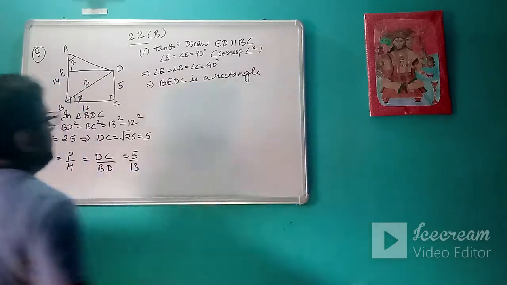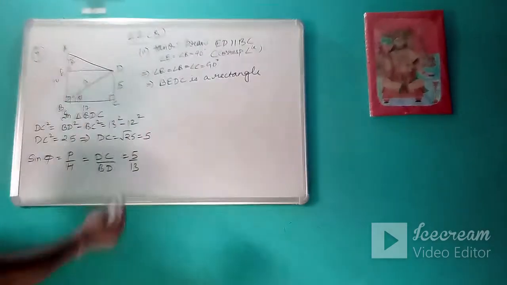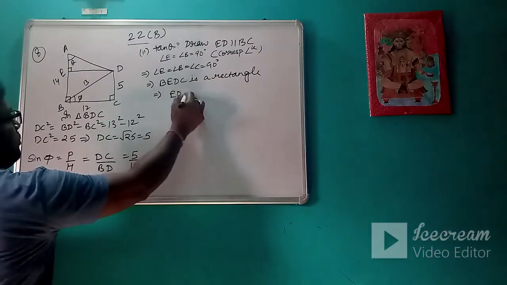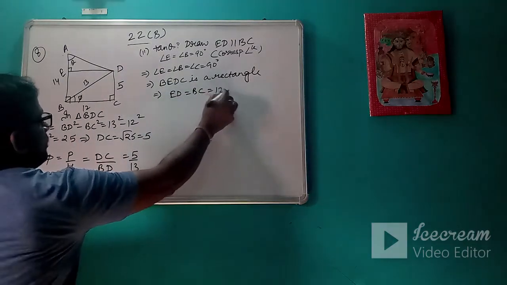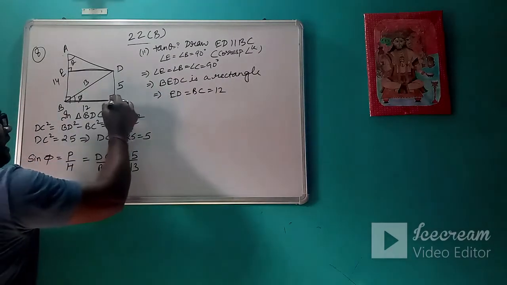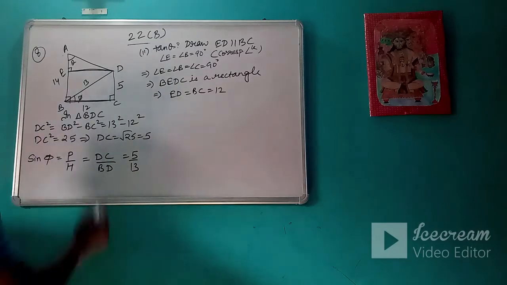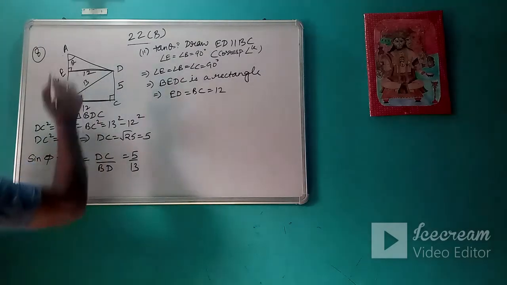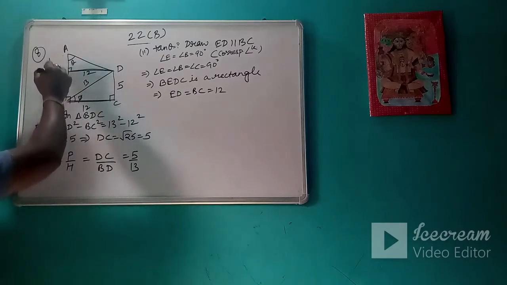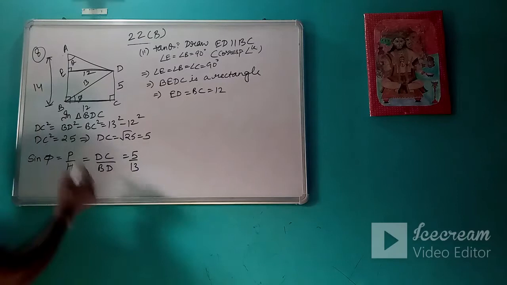Since it becomes a rectangle, ED will be equal to BC equal to 12. So this side becomes equal to this side, because these are the opposite sides of a rectangle, which are equal, 12. Now what we know, from here to here the value is 14.